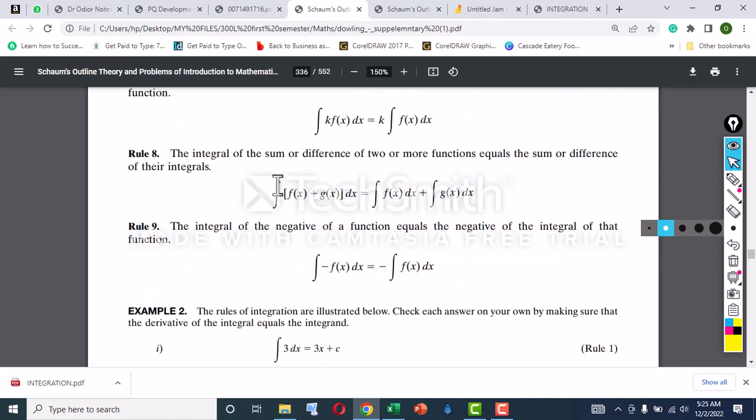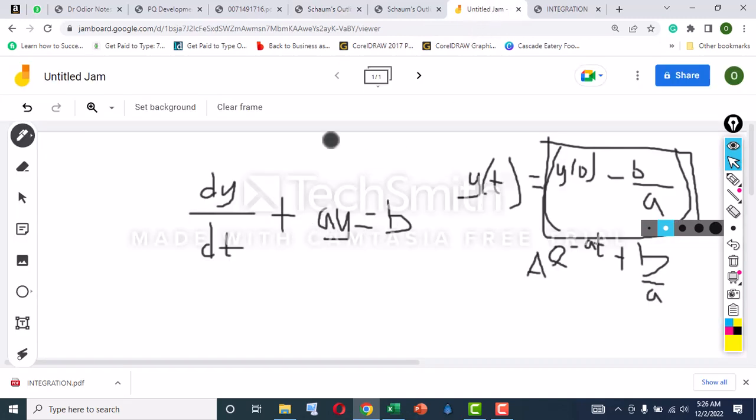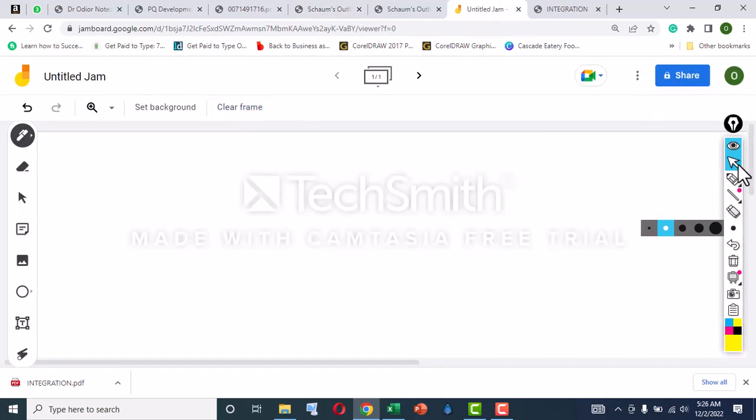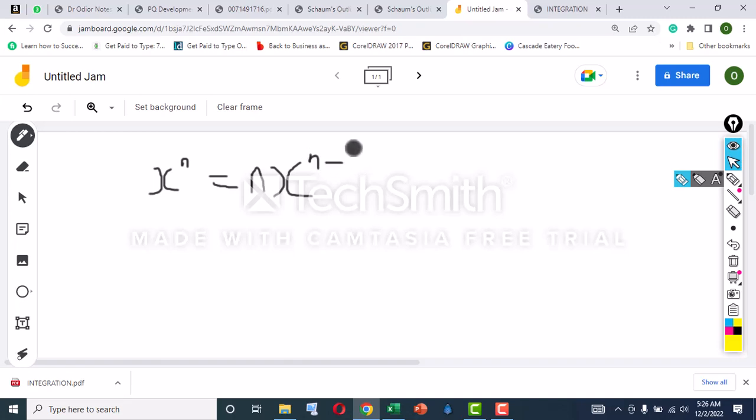So in integration, you know, in differentiation we are always given y as a function of x, things like that. Then find dy/dx of this. So when you are given x raised to power n in differentiation, it will be equal to n x raised to power n minus 1.